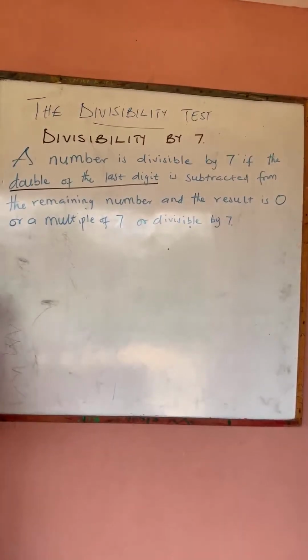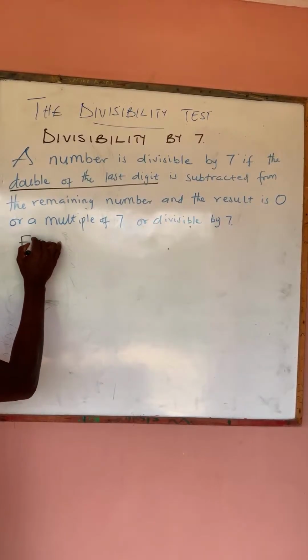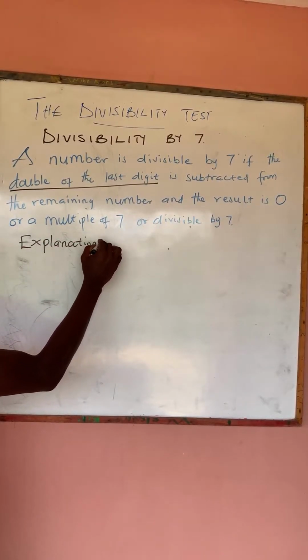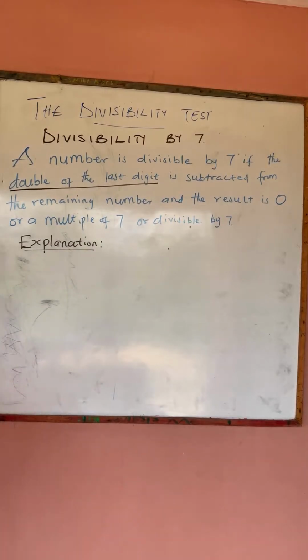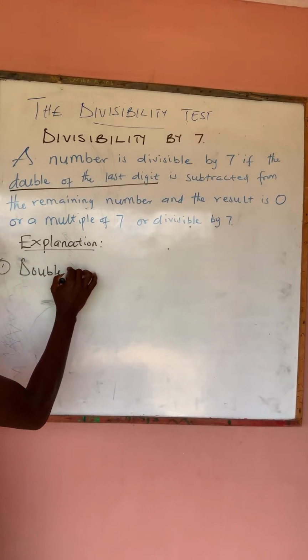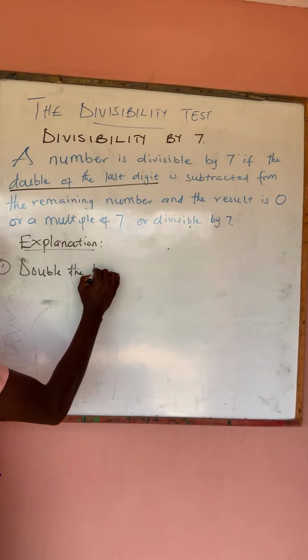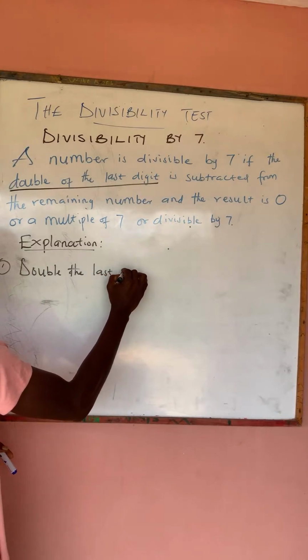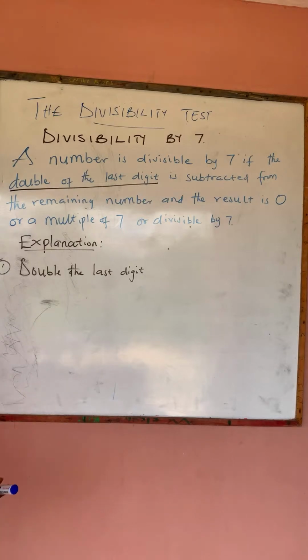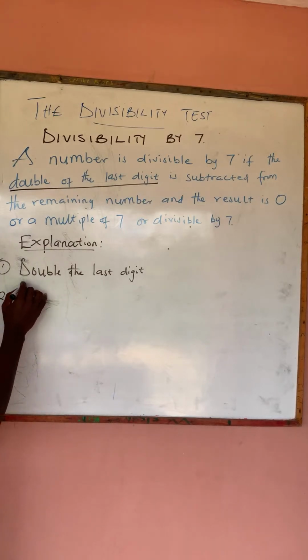Step 1, you have to double the last digit. That's why it says the double of the last digit. So double the last digit. Then step 2, subtract.